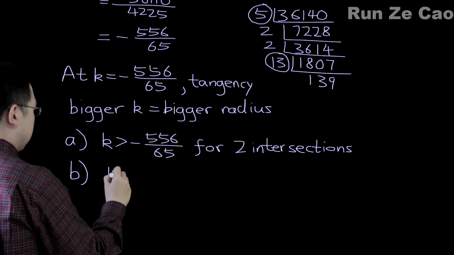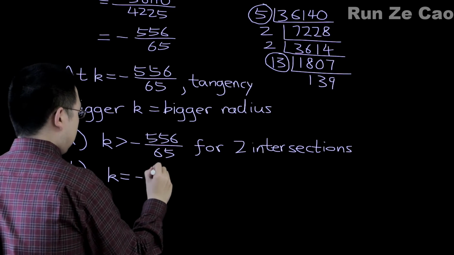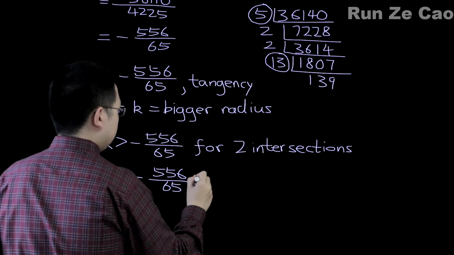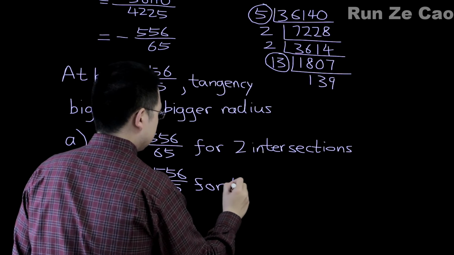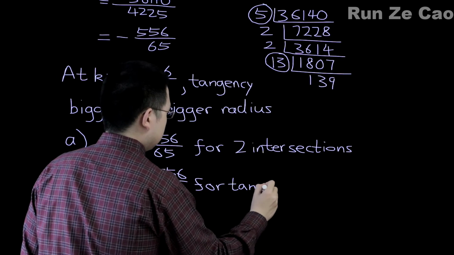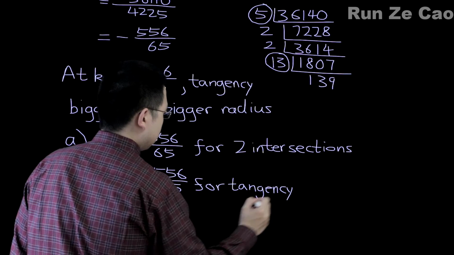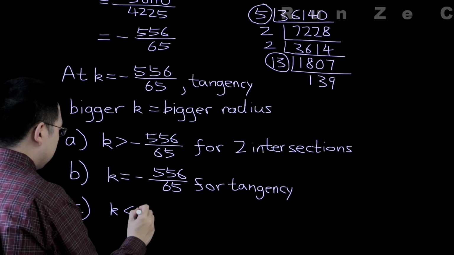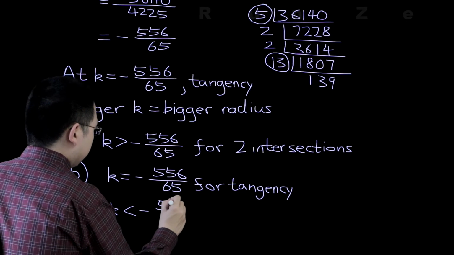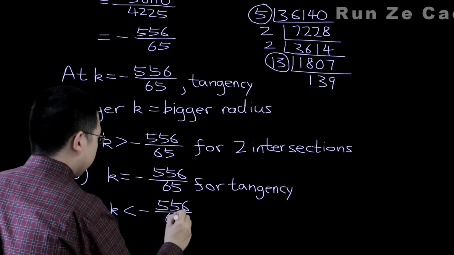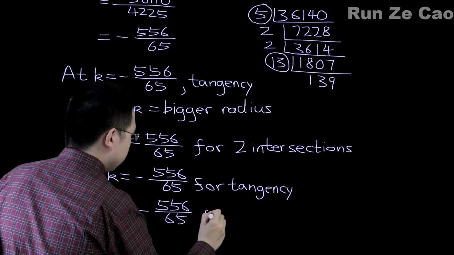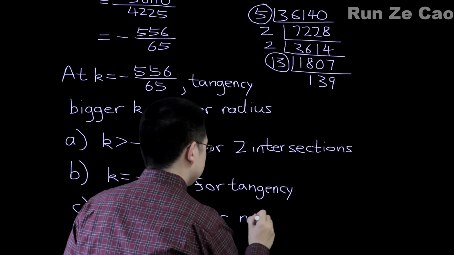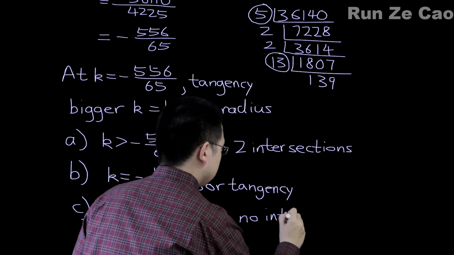B, k is equal to negative 556 over 65 for tangency. And C is k is smaller than negative 556 over 65 for no intersection.